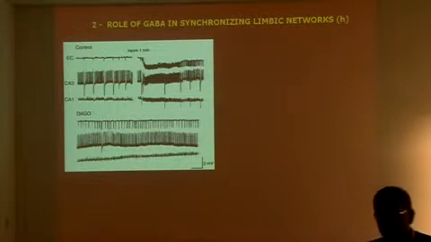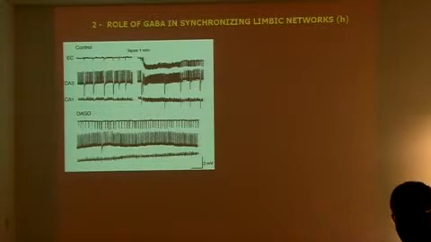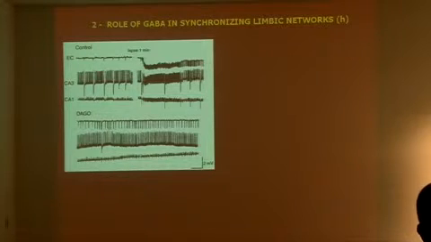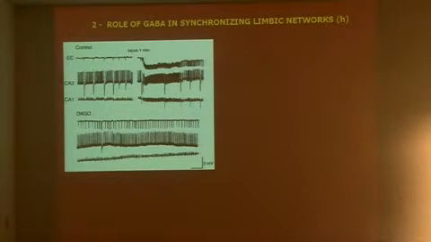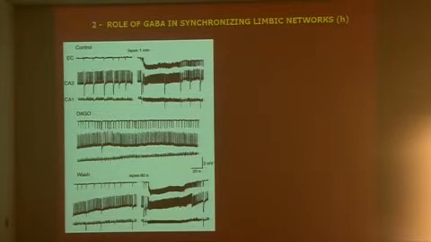And this is what happens with DAGO, which is a mu-opioid receptor agonist, and you know that by applying DAGO and activating the mu-opioid receptor, we hyperpolarize interneurons and we reduce GABA release. As you see, accordingly, this is just the washout, but as you see, this slow interictal, which is GABA mediated, disappears during DAGO, as well as the ictal discharge.